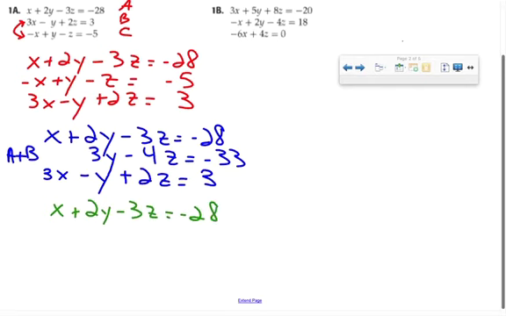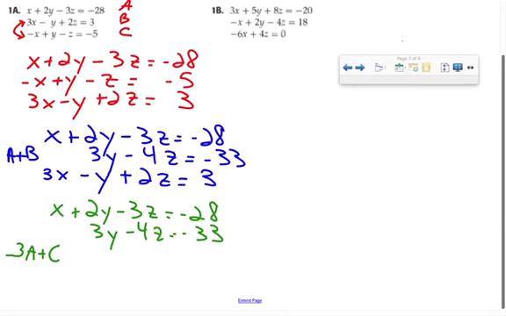I'm going to leave equation B alone. And my third equation is going to be -3a plus c. And so that will result in the x's canceling out.